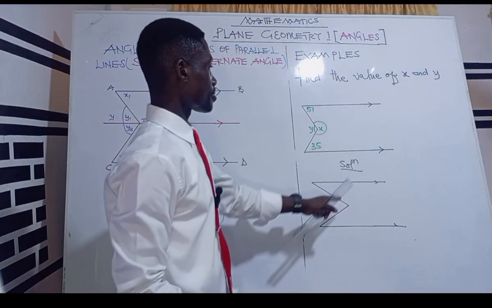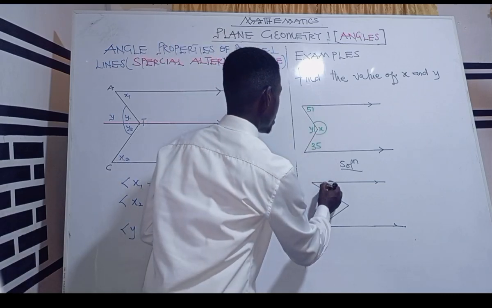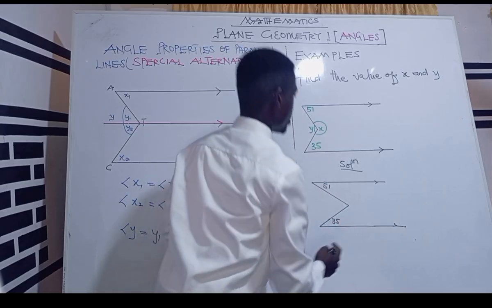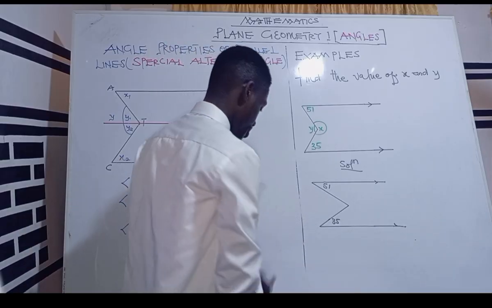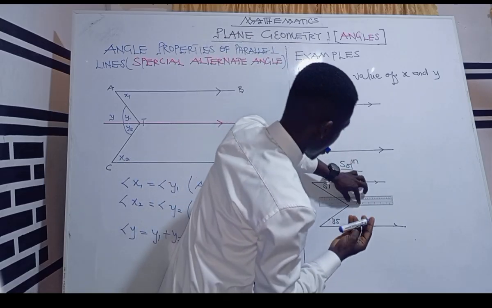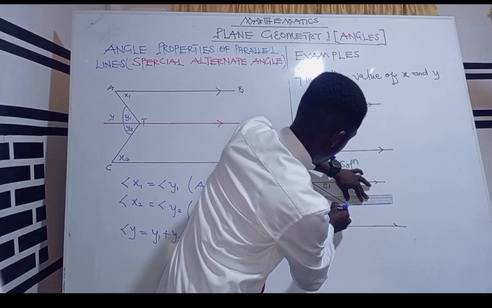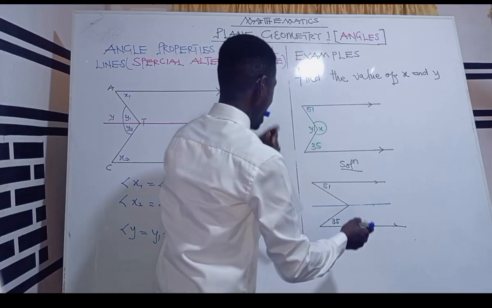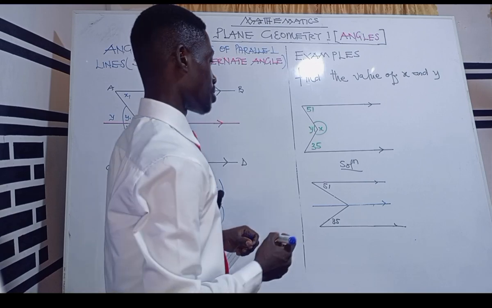So these are our two power lines. This angle is 51 degrees, and this angle is 35 degrees. So we are going to draw an additional power line. So this is the additional power line that we have drawn.